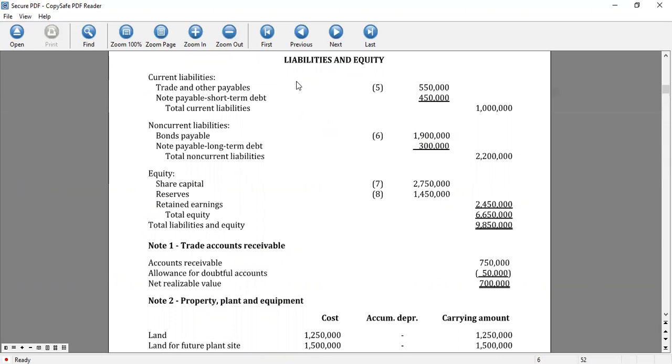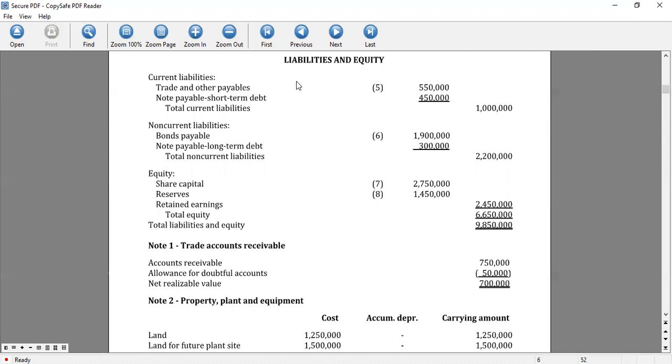And the notes payable being a long-term debt in the amount of 300,000. Given the short-term 450, the long-term is 300,000.